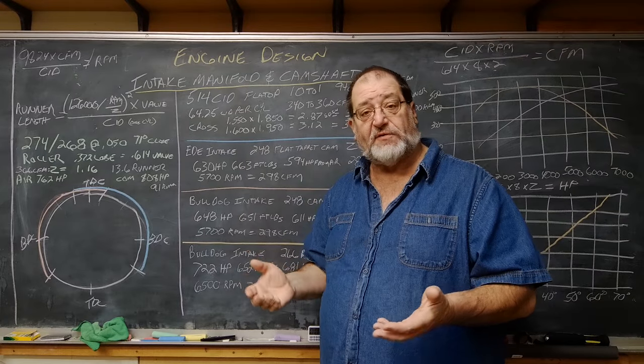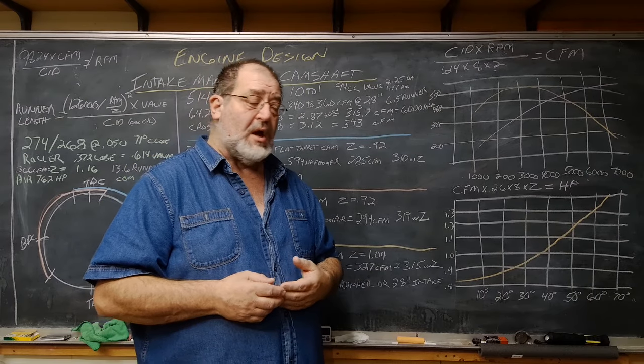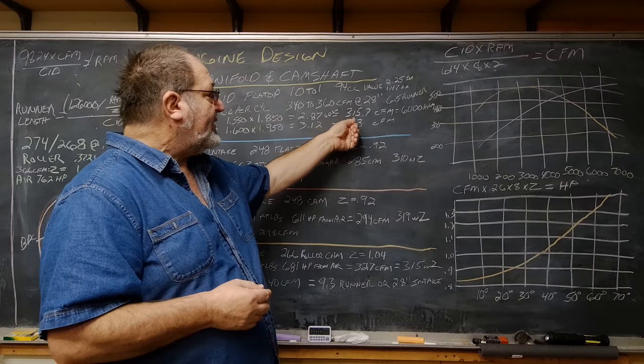This 2.87, if I use about 110 CFM per square inch, gives me 315.7 CFM. And that's probably a much more realistic number to be looking at as what we're going to be capable of doing. And the next question becomes with this, what RPM are we going to be working at?